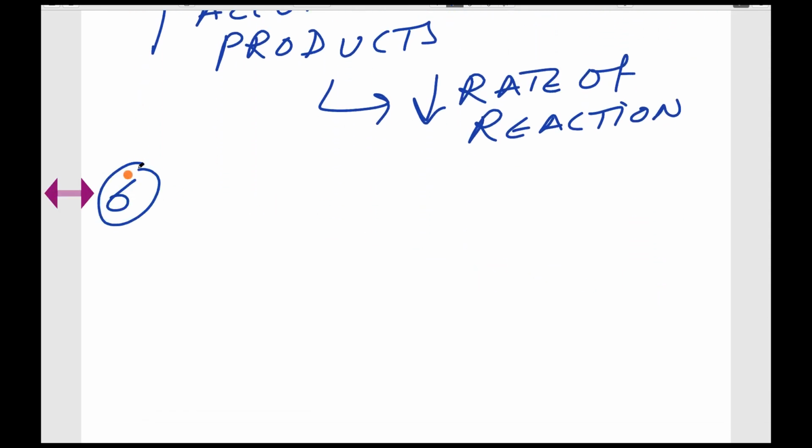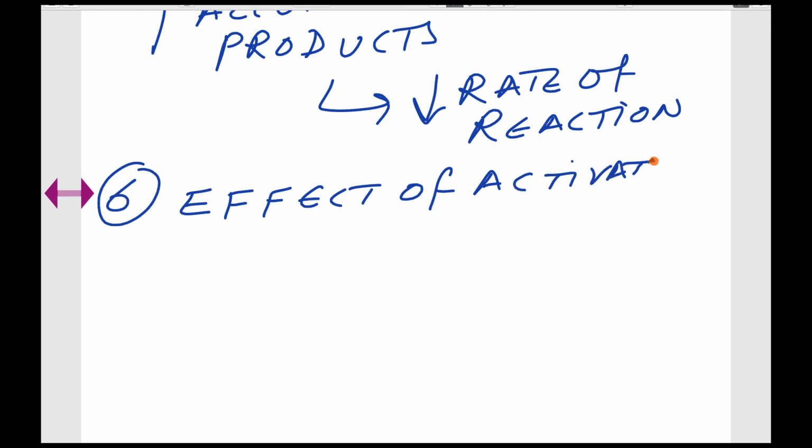The next one is effect of activators. In enzyme catalyzed reactions, the presence of enzyme and substrate are not the only requirements. There are many other requirements. One of such requirements is some activators, metal activators.